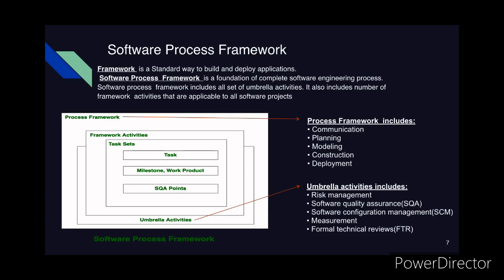So let's see what is risk management. Risk management is a series of steps that helps a software team to understand and manage uncertainty. If any uncertainty comes during the development process, risk management helps the software team to overcome it. Now next is software quality assurance.